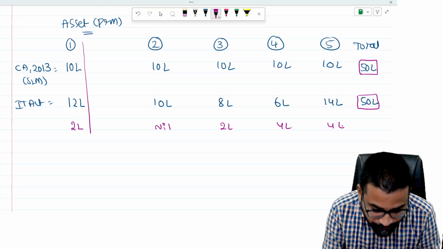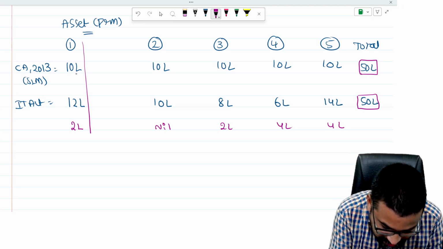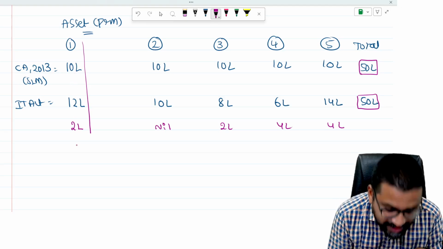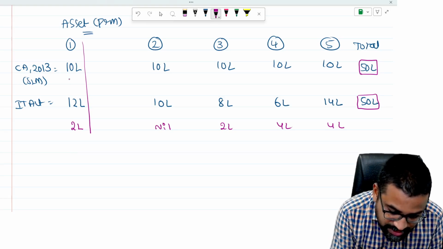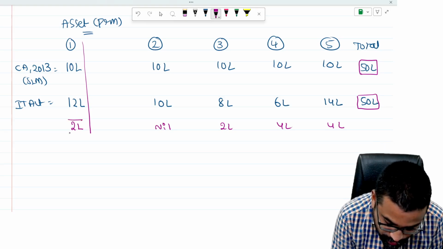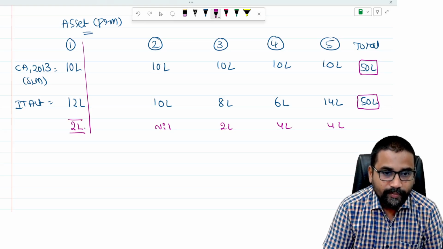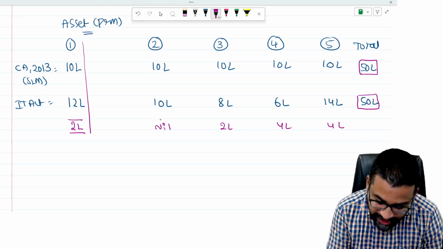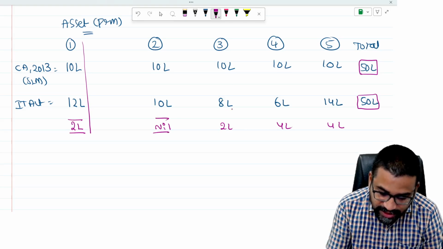Right? So if you observe clearly, see, first year what is the difference between accounting income and taxable income? Your accounting income is 10 lakhs, depreciation provided. Here 12 lakhs we provided. So there is a difference of 2 lakhs. Now second year there is no difference. Third year you see the difference.